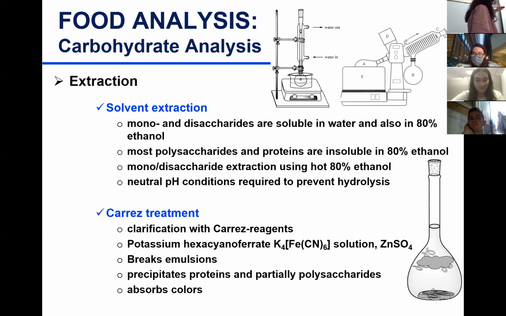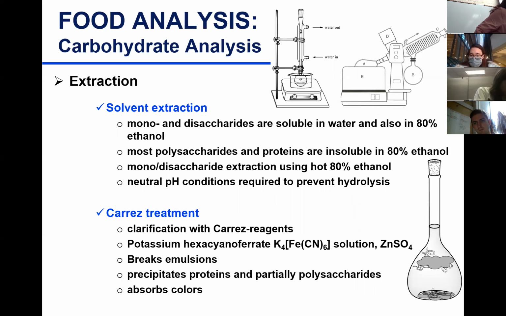When the solvent evaporates, it gets cooled and comes down back to your flask. So you enhance the efficiency of the extraction that way. You do the extraction for maybe an hour or so, and you separate your supernatant from the sediment. The protein, starch, and dietary fiber will be in the sediment.